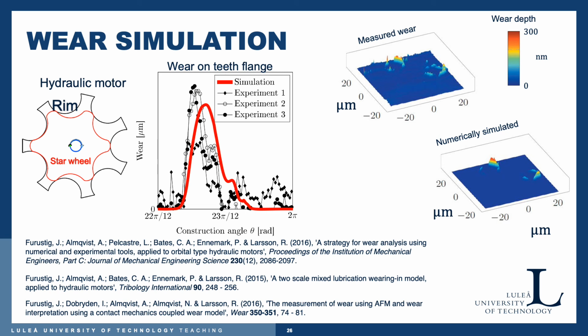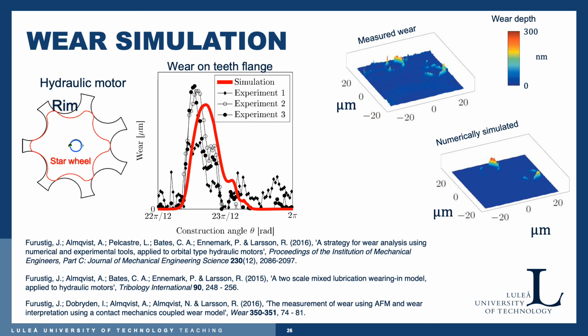And the company that Joel Furustig, formerly Andersson, worked with made a test rig resembling this configuration, and they measured the friction, and you can see 3 different experiments. They are of course not perfectly overlapping, but they give you statistically approximately the same trends at least.